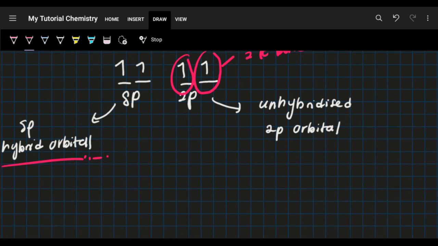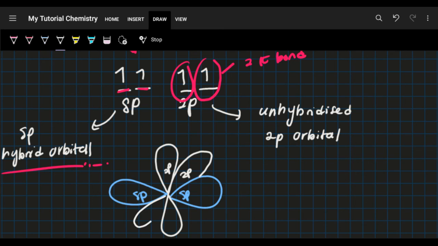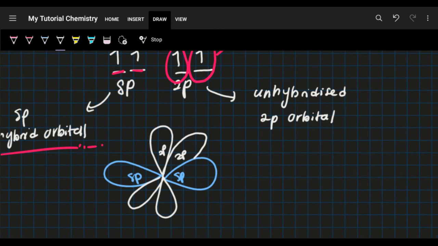How to draw the diagram? sp has two orbitals, so the diagram is 1, 2, sp. But it has two unhybridized orbitals. This is 2p, another 2p here, and this is another 2p.